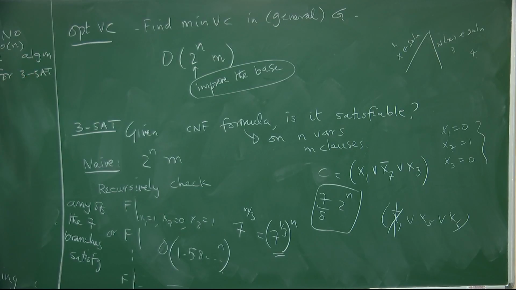This is just a conjecture, we don't know. And the strong exponential time hypothesis says no 2 minus epsilon whole power n algorithm for SAT. This is also a conjecture. So for general SAT, we know nothing better than 2 power n.